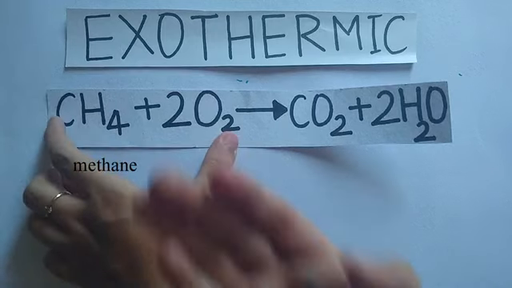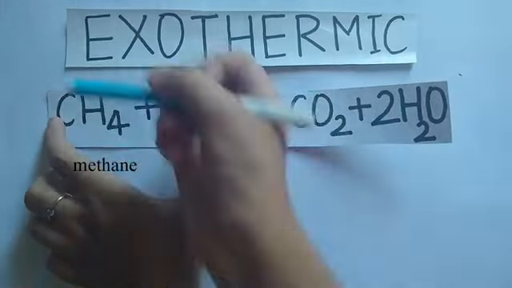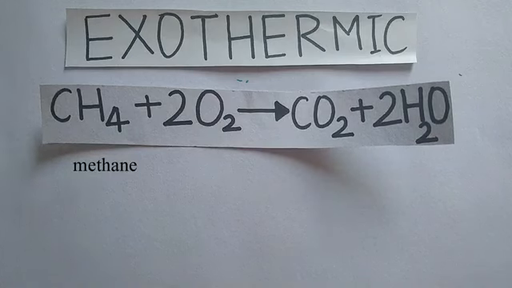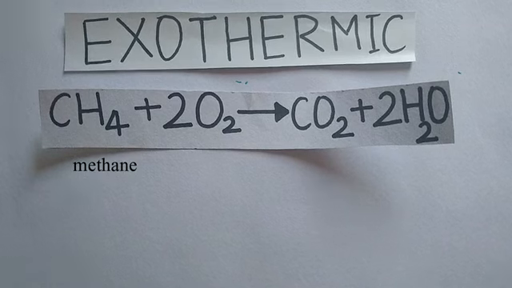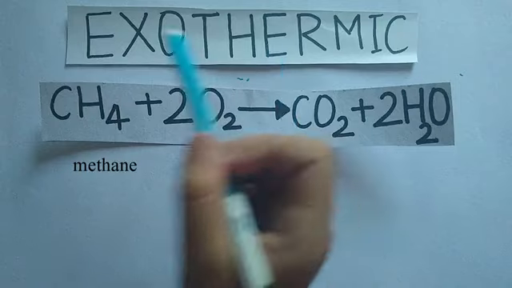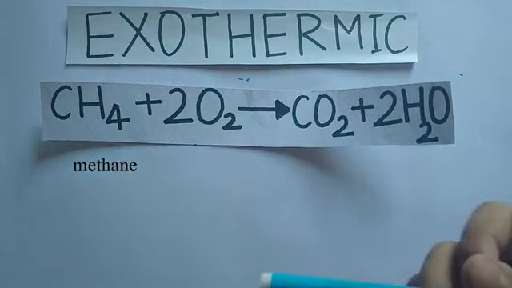So just a small compound, when burnt, gives us an enormous amount of energy to run an auto, a car, a bike, anything. Burning of natural gas will give you a lot of energy to run those vehicles. So that is why it is an exothermic reaction. It is giving out a lot of energy for you to run different things.